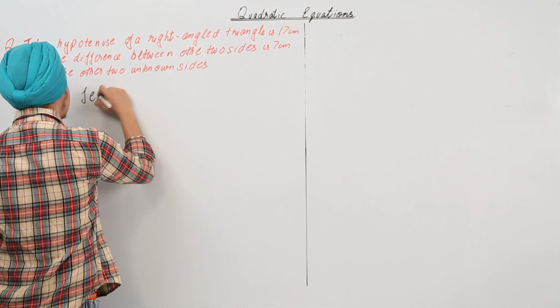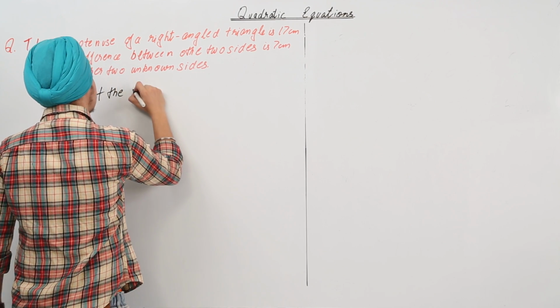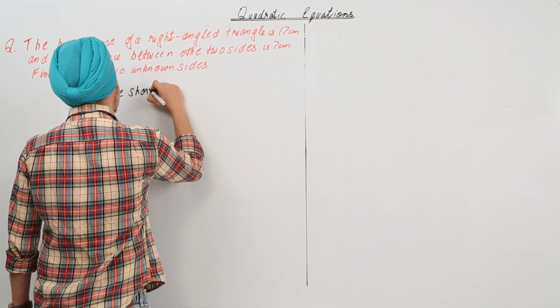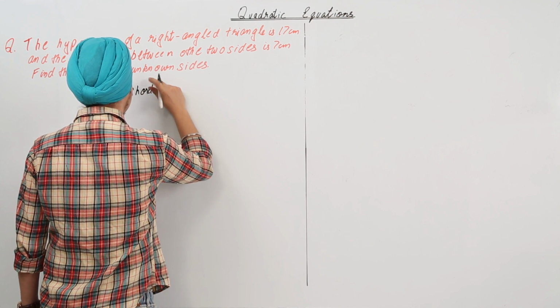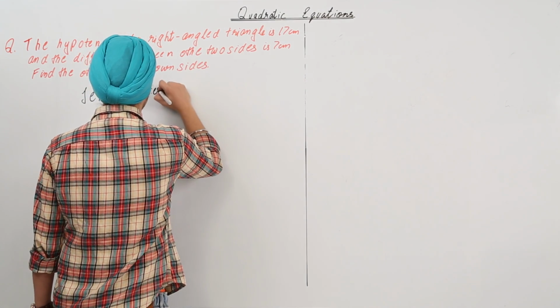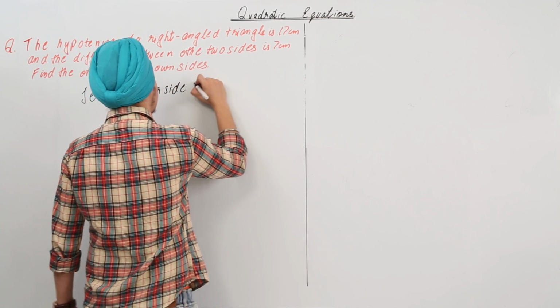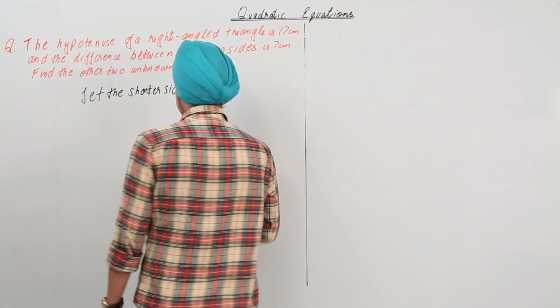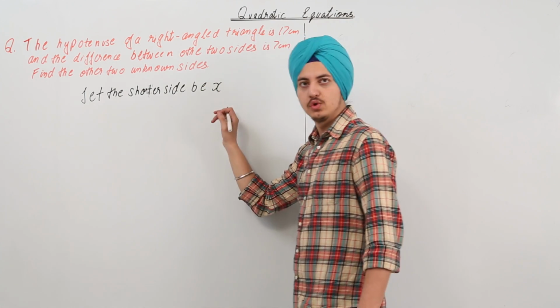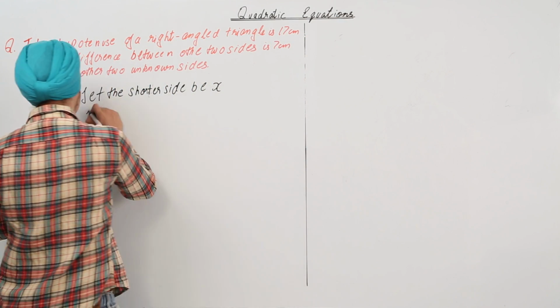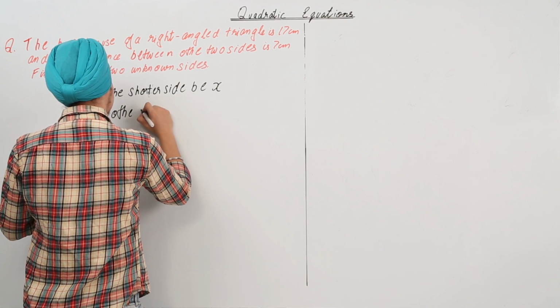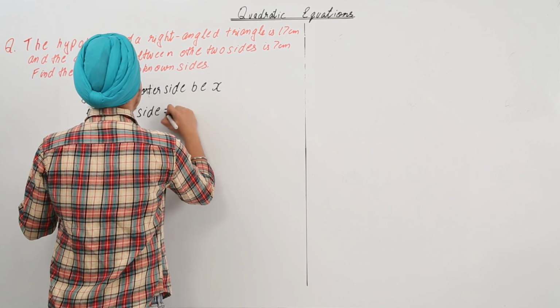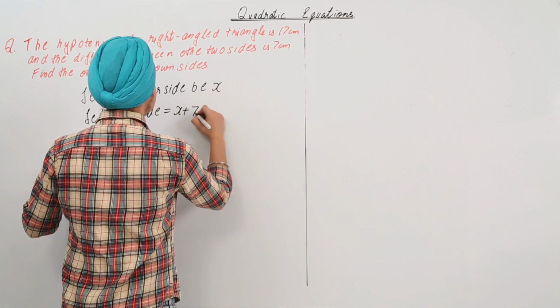So we let the shorter side be x. If the shorter side is equal to x, the other side is equal to x plus 7.